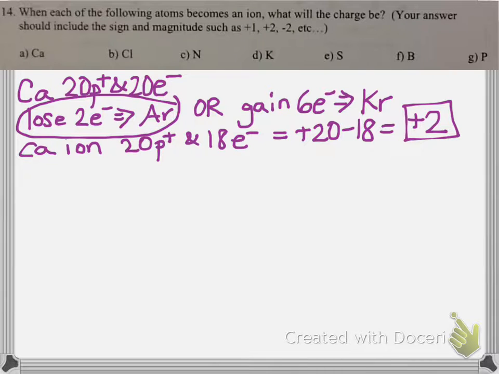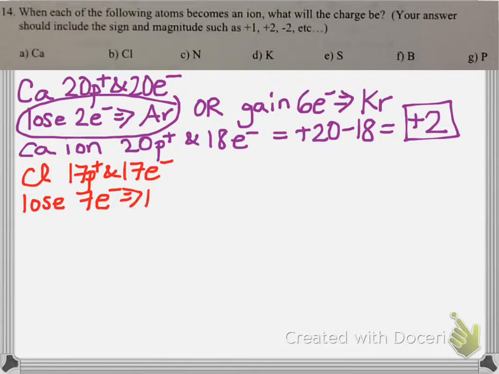All right, letter B says chlorine. Chlorine has 17 protons and 17 electrons. So it can lose 7 electrons to be like neon, or it can gain 1 electron to be like argon.